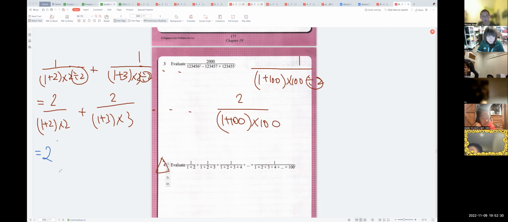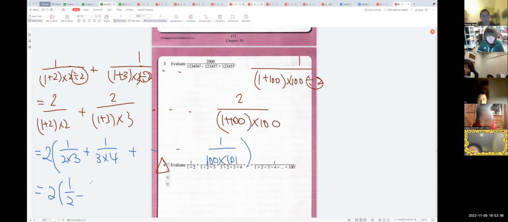Okay, so 2 can take out, so it became 1 over 2 times 3 plus 1 over 3 times 4 plus all the way to 1 over 100 times 101. So it's 2 times 1 over 2 minus 1 over 3 plus 1 over 3 minus 1 over 4 all the way to plus 1 over 100 minus 1 over 101.